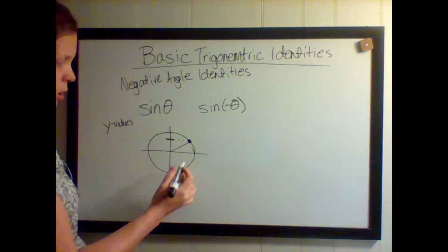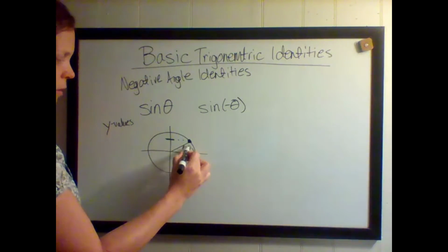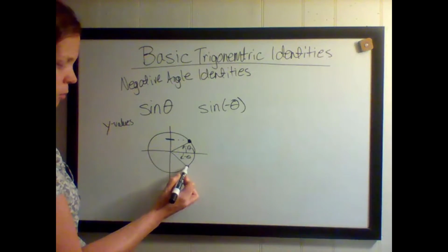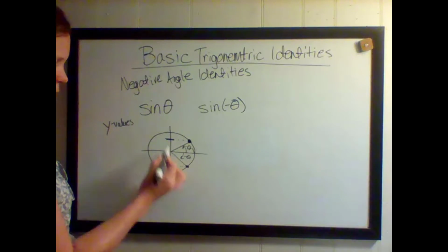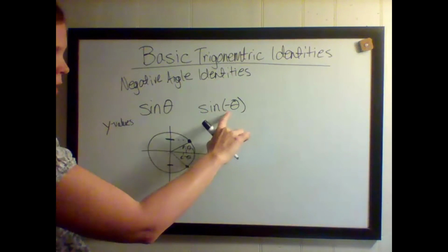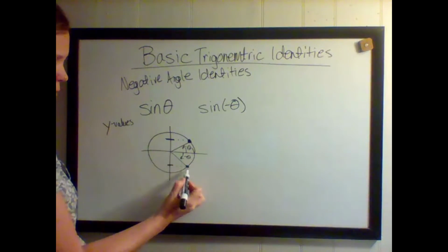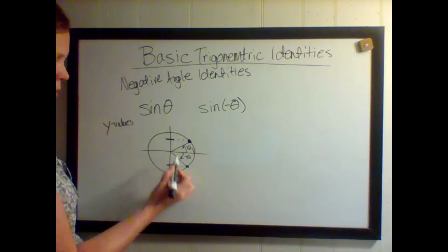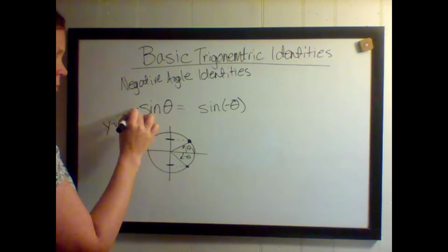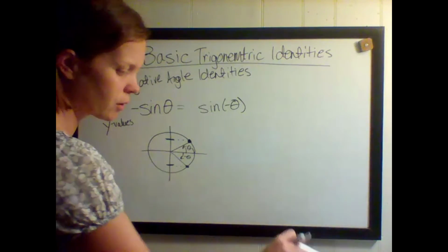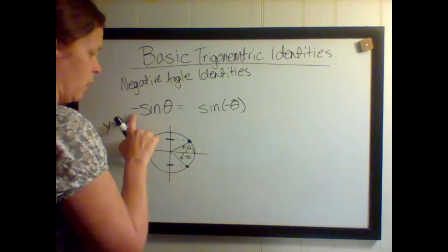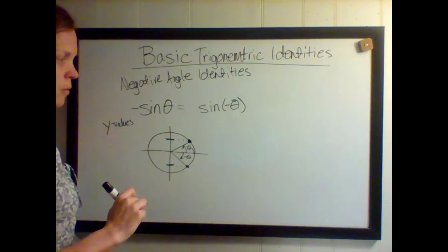If I went in the negative direction instead of positive theta, what would y be? It'd be the same value, but negative. So sine of negative theta is going to be the opposite of whatever sine of theta is. Usually it's given like this: negative sine of theta is equal to sine of negative theta.